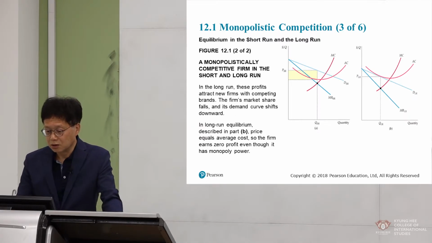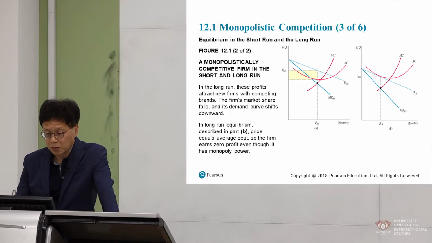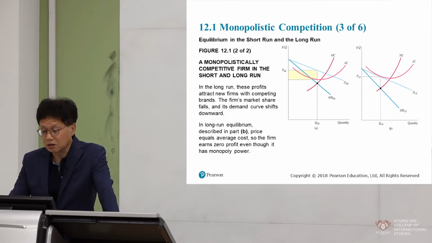Equilibrium in the short run and the long run. A monopolistic competitive firm in the short run and long run. If the firm enjoys positive profit in the short run, new firms enter the market because of free entry and exit. Okay? That is the assumption of free entry and exit. This process continues until long-run profit equals zero.